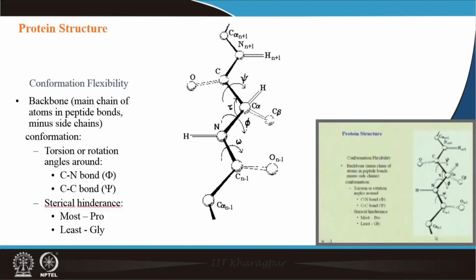I am not looking at it isolated. It is part of the protein structure. So, now I have what are called torsion angles. I am going to explain what torsion angles are to you in a minute, where we are looking at rotations about bonds.